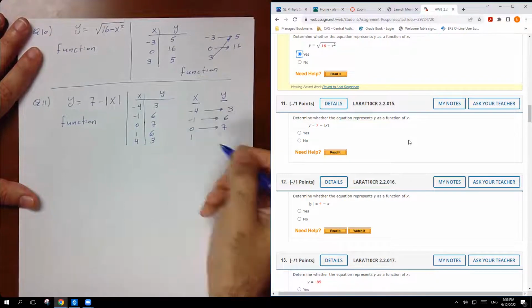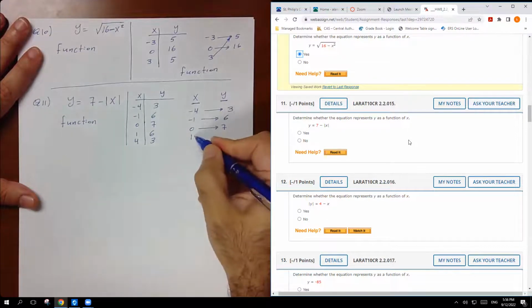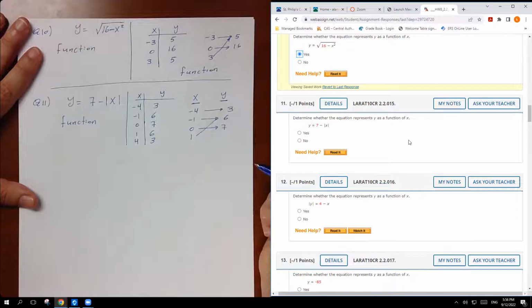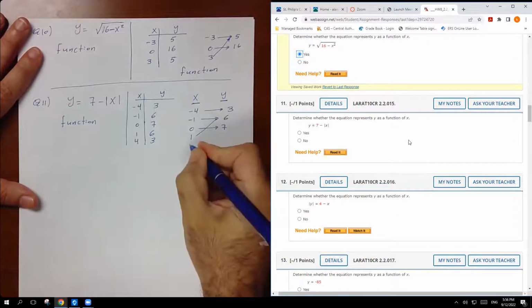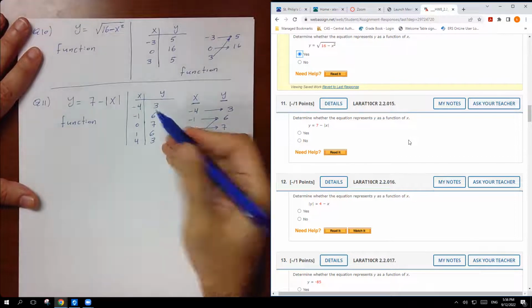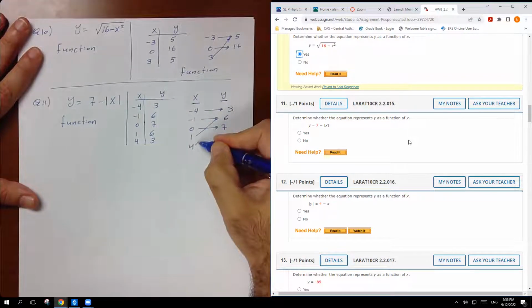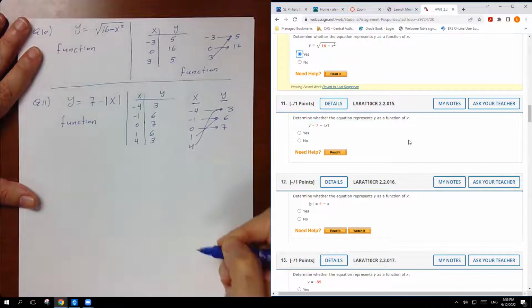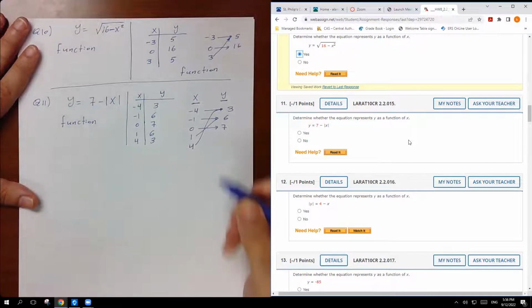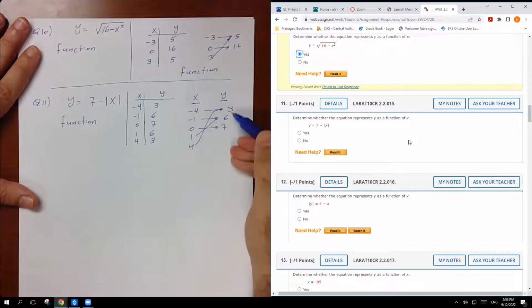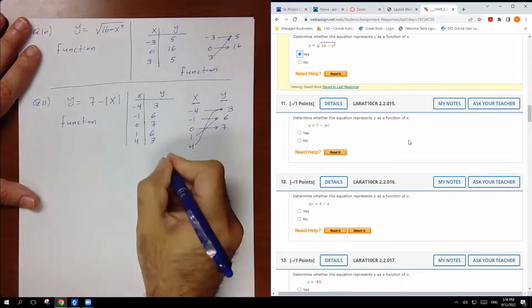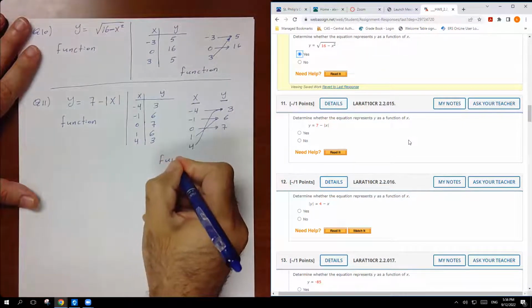Now 1 goes to 6. That's fine, two inputs going to the same place. We found that 4 goes to 3. So this one is also fine. Two inputs, -4 and 4, going to the same place. So we can prove that this is a function.